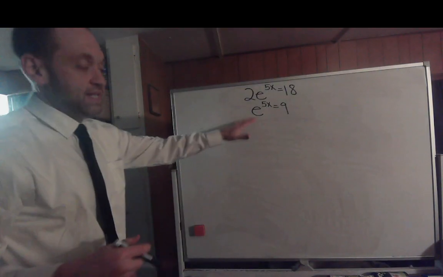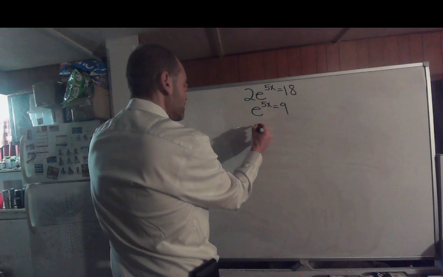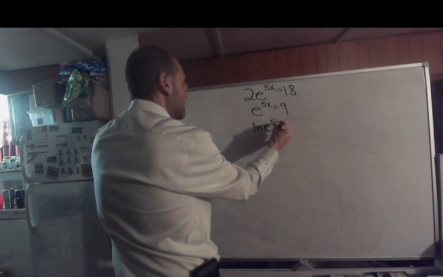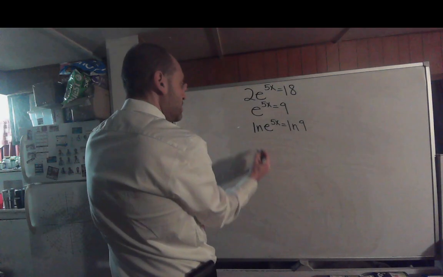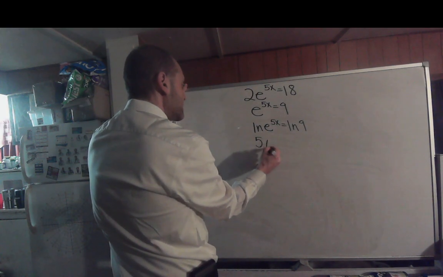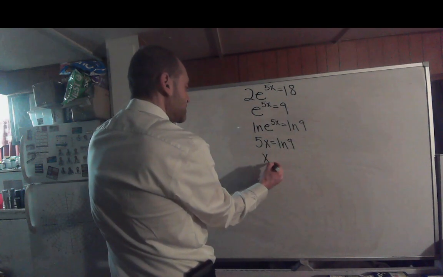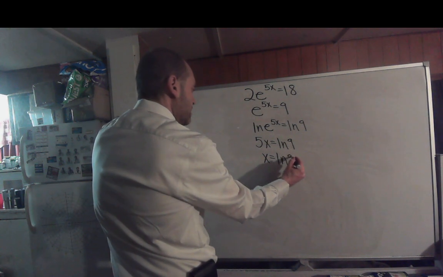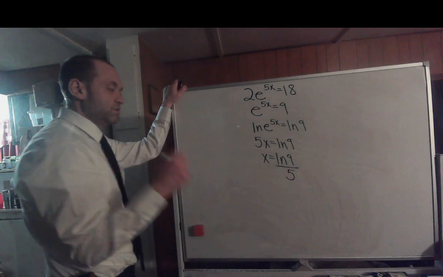Now you have base e, so you have to take the natural log of both sides. So this would turn into natural log of e to the 5x equals the natural log of 9, which would mean 5x equals the natural log of 9. So x would equal exactly the natural log of 9 divided by 5. That's the exact solution.